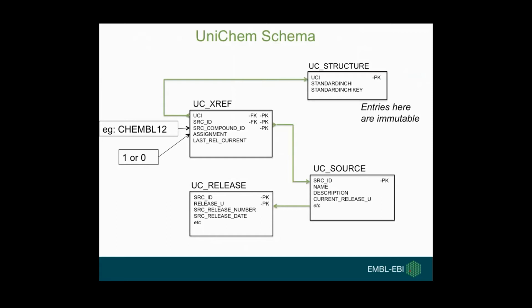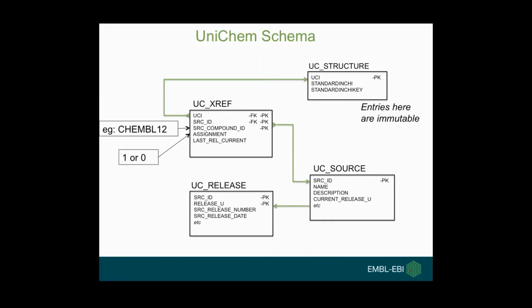So this is the data model for UniChem, and normally I'd hesitate to put up a schema in describing an application, but I think in this instance it is particularly useful because it is very straightforward and simple, and once understood you'll understand all there is to know about UniChem and what you can get out of it. So in essence it consists of four tables, two large tables, the structure and cross-references table.